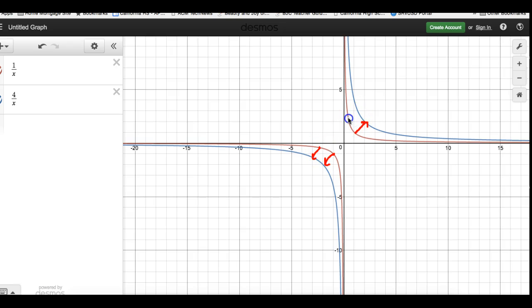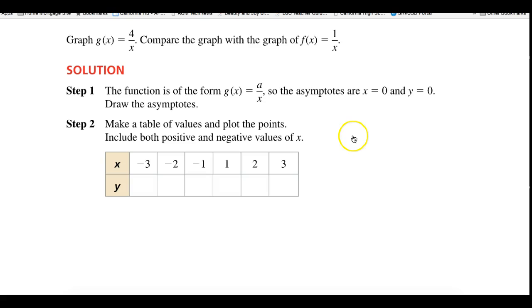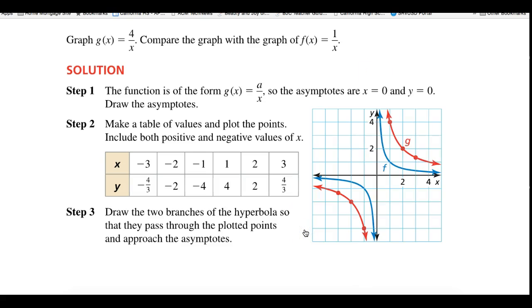So keep this in mind. We're going to start talking about transformations in a little bit. But if we compare, in this first example, the graph of 1 over x to 4 over x, we see that all of the characteristics are the same: the same domain, the same range, and the same asymptotes. The only difference is the values are stretched out a little bit.